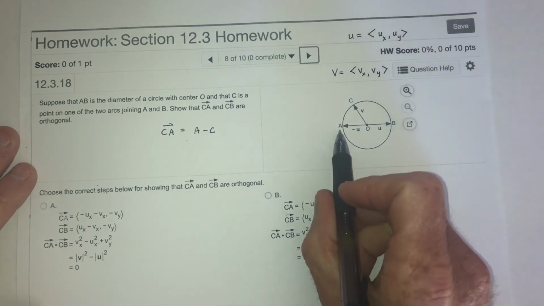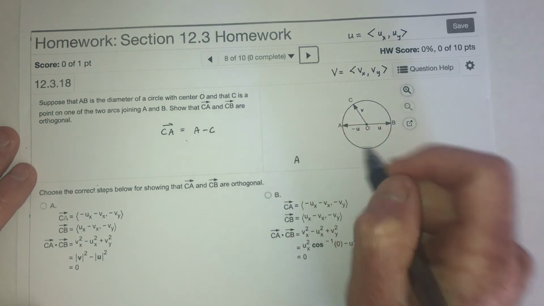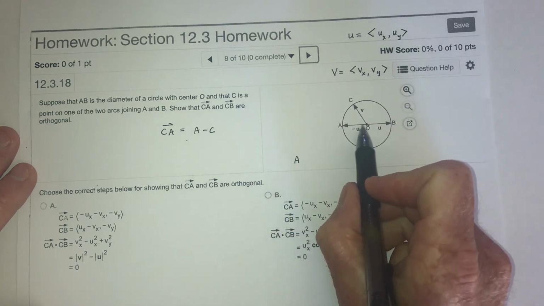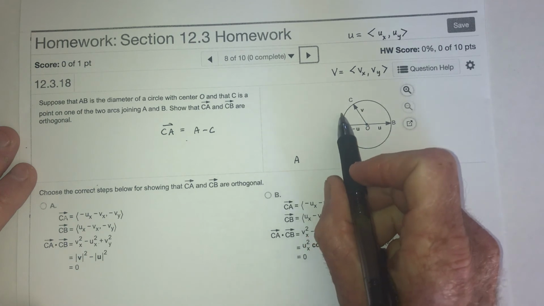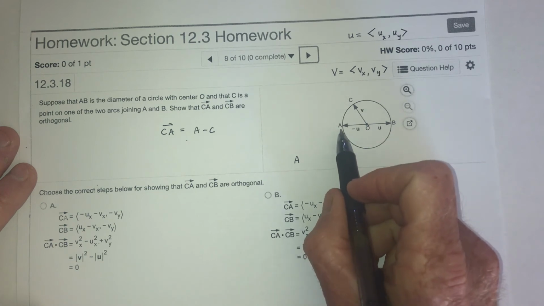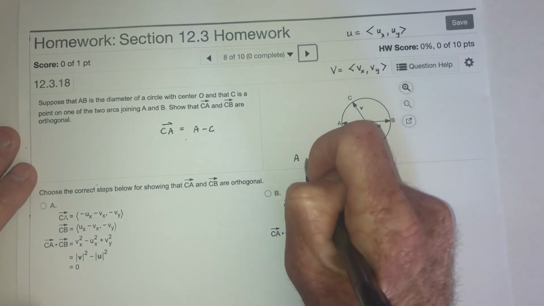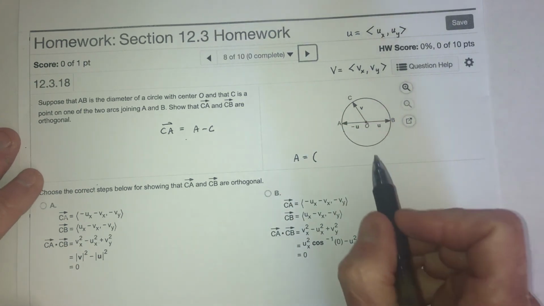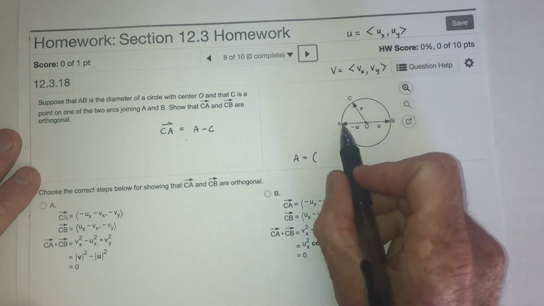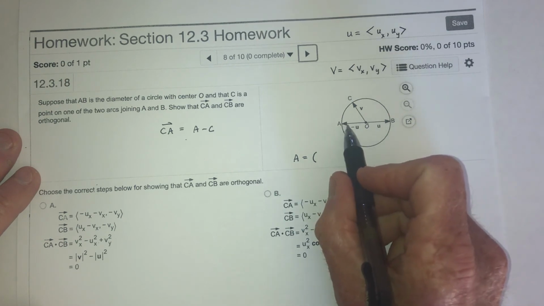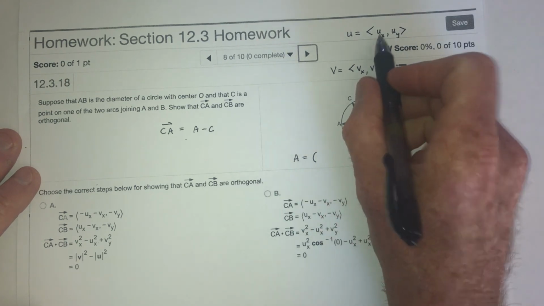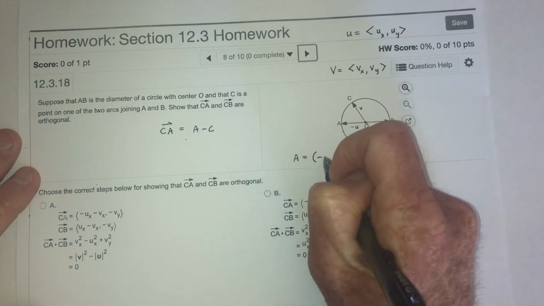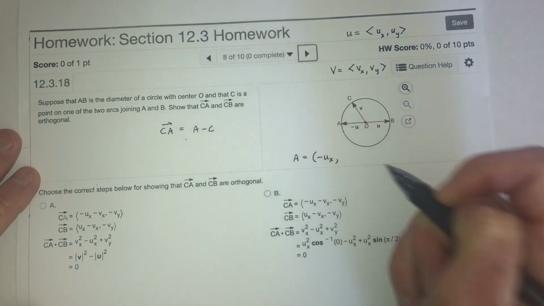Okay, so what point is A? A would mean go to the left and don't go up and don't go down. As a point, you use round parentheses. You go to the left, which means you went this far to the left, so negative ux.